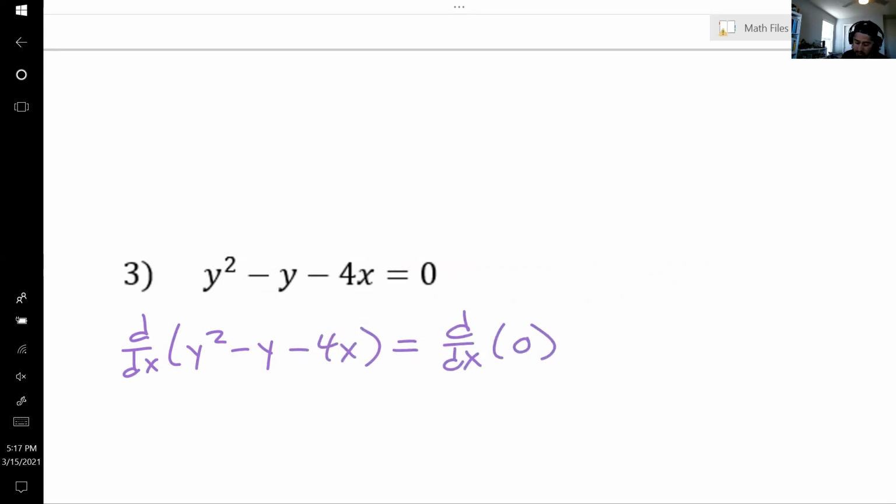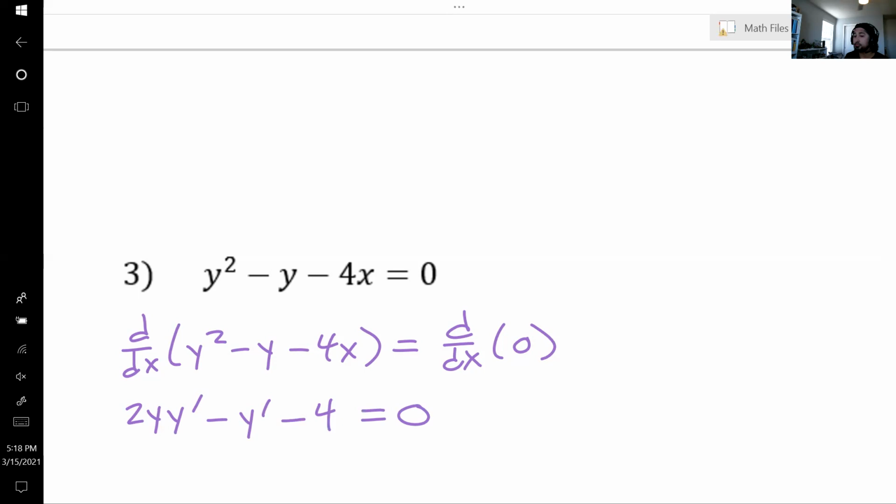Okay. Now we're going to do implicit derivatives of y squared and y. So this means I'll get 2y y prime minus the implicit derivative of y, which is y prime, minus the derivative of 4x, which is just negative 4, equal to 0.